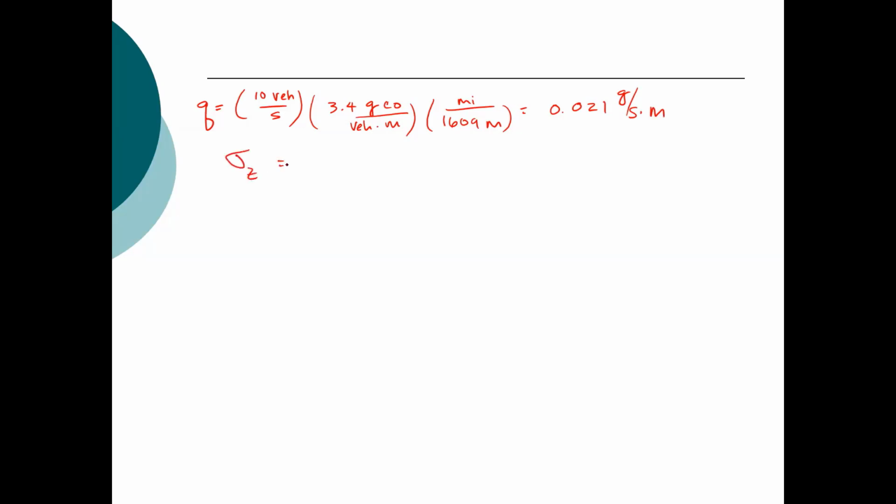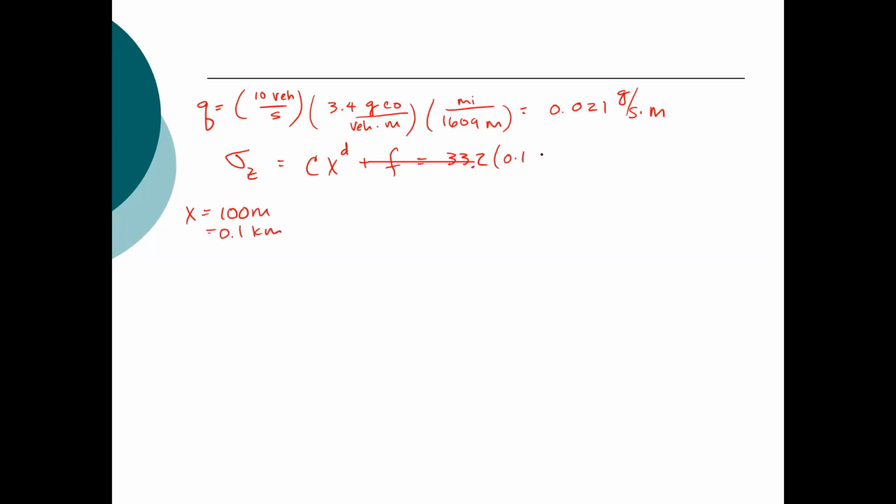The dispersion coefficient in the Z direction for stability class D is equal to 33.2 times the distance X, which we said was 100 meters or 0.1 kilometers.